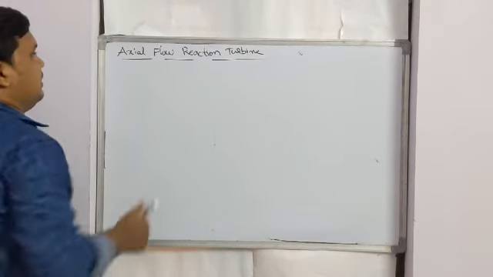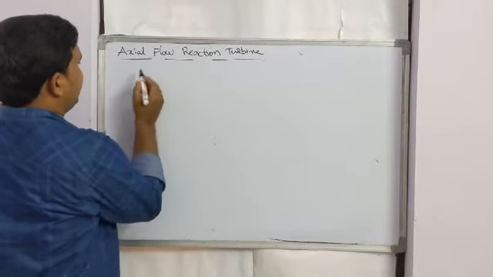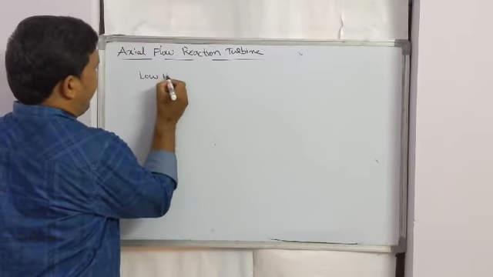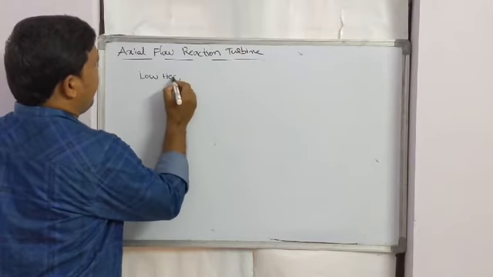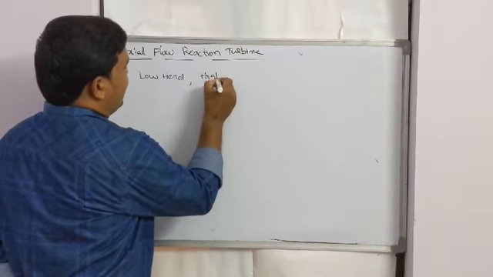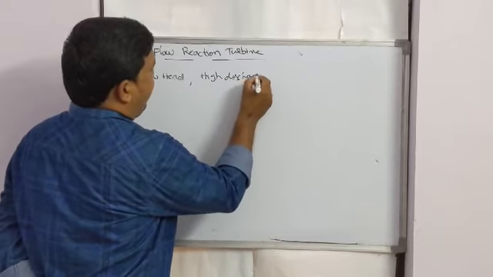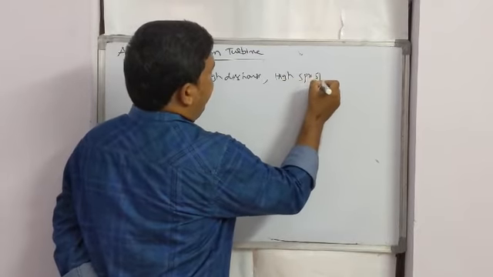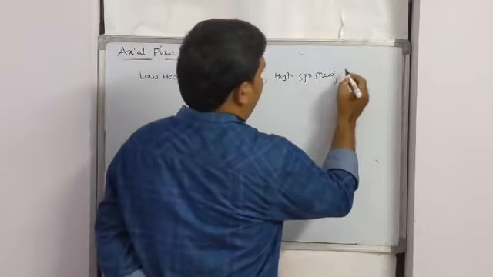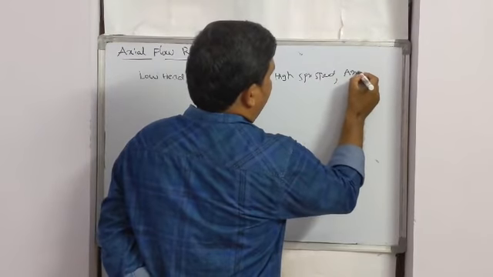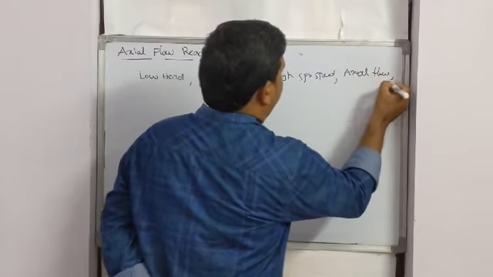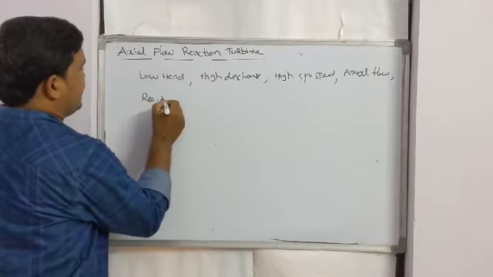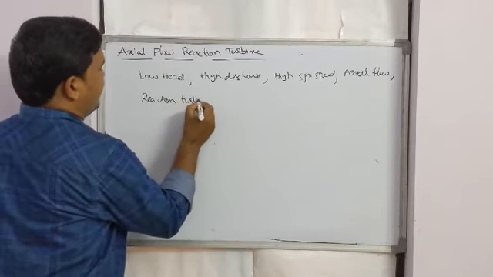We know that discharge Q is equal to... So finally, the axial flow reaction turbine or Kaplan turbine is a low head, high discharge, high specific speed, axial flow reaction turbine.